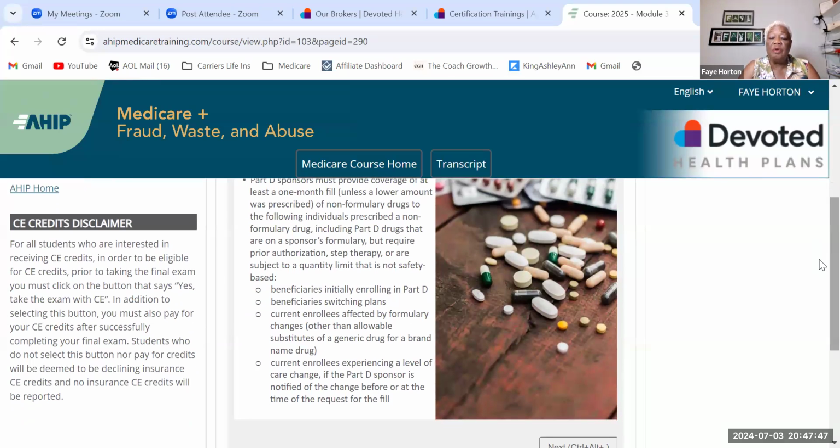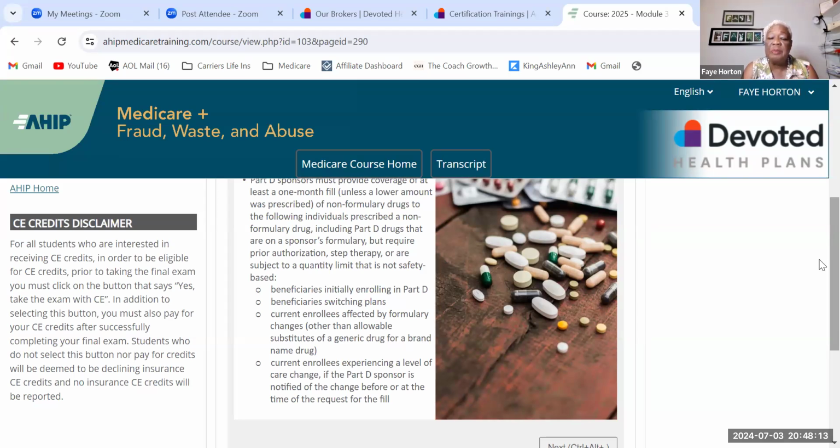Beneficiaries initially enrolling in Part D must get a 1-month supply, or less if the prescription calls for less, if the drug is not on the formulary. Beneficiaries switching from one plan to another should get a 1-month fill, or less if the prescription is less.